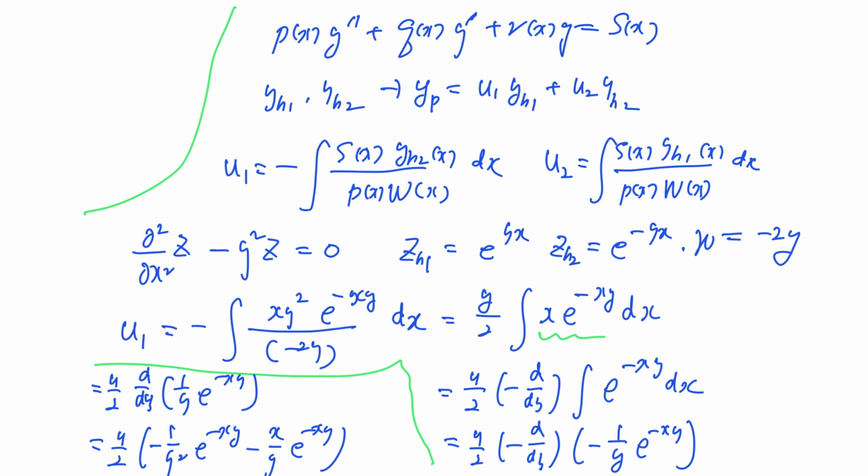So this is 1, 2, 3. If we put them together, we get minus 1/2 times 1 over y plus x, exponential minus xy.